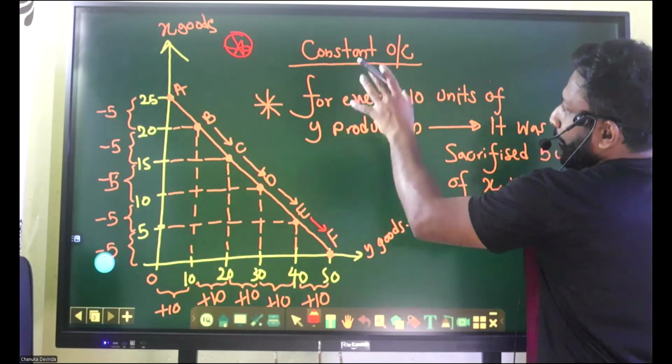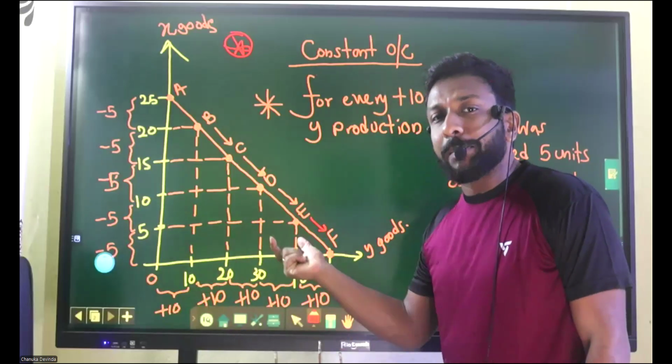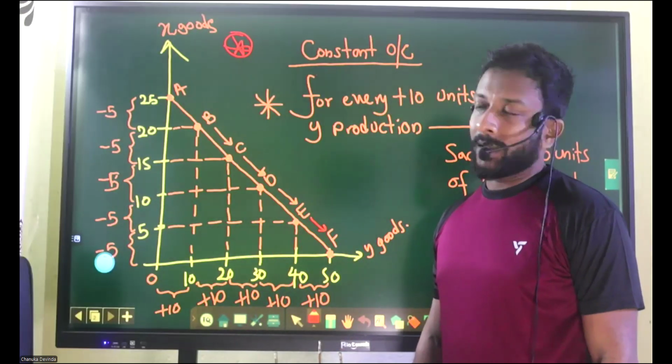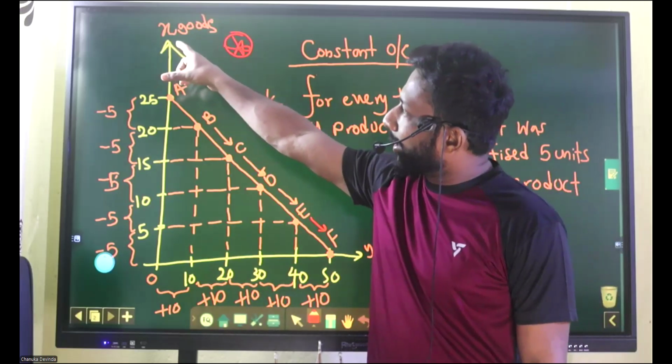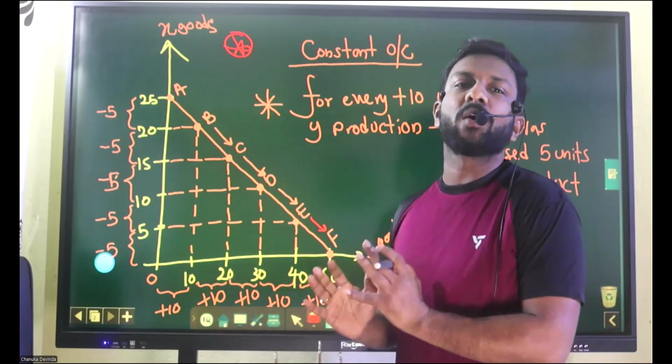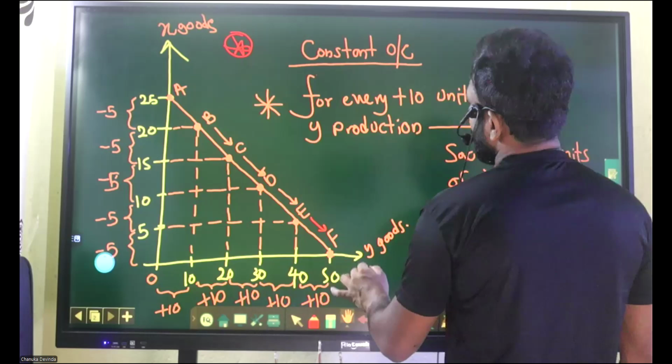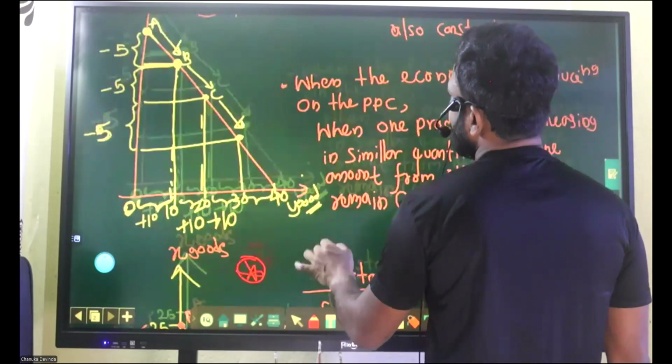That means when on the production process, one good increases by similar quantities, the foregone amount of the other good remains constant.